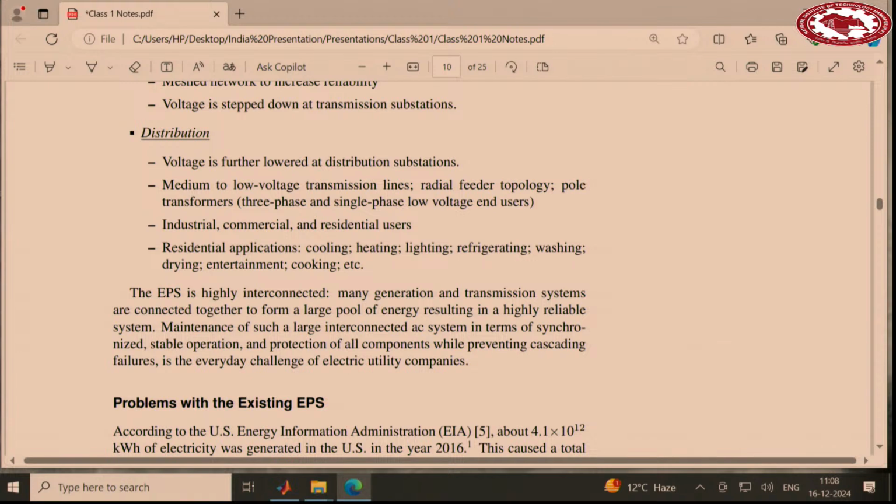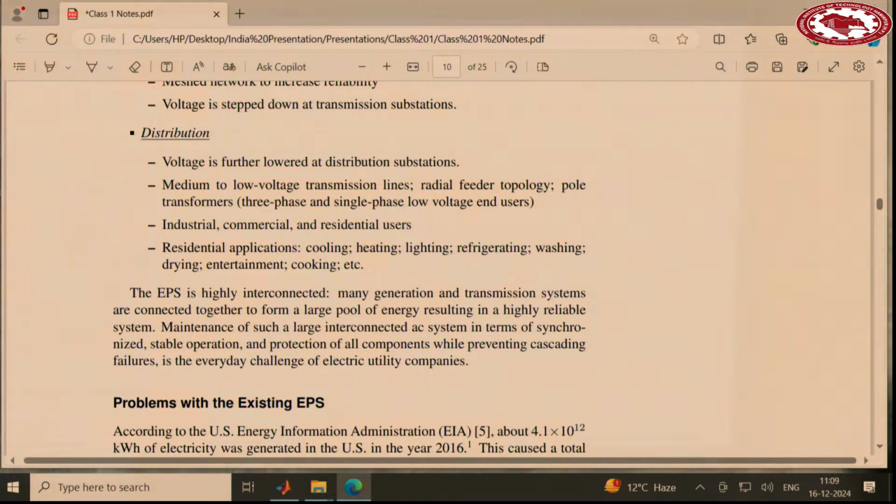So if you look at every generator now oscillating at 50 hertz or 60 hertz, these are connected together. So they need to be synchronized, otherwise this whole system will not operate well. So synchronization of this entire power system is an important aspect. We will go into details of this synchronization from the perspective of power electronic converters in much more detail in the subsequent lectures.